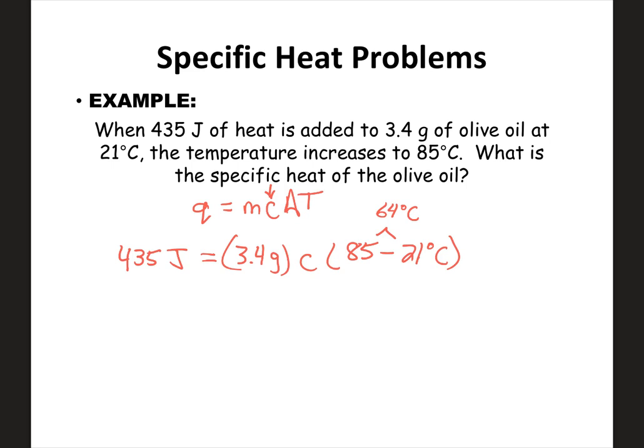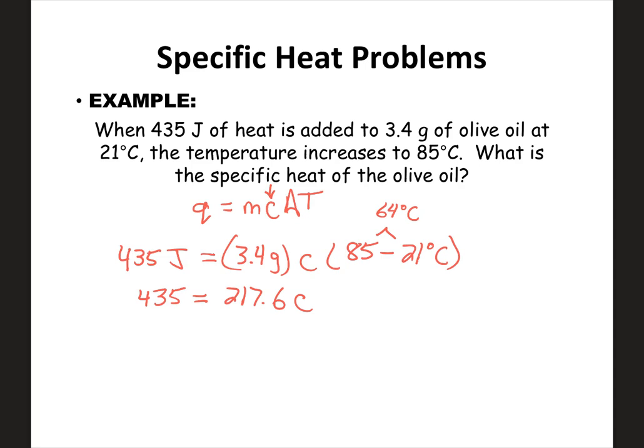You can drop off your units here as long as you pay attention to your final answer having the units it should have. Make sure you're plugging in the correct units here for the problem. Mass is typically grams, specific heat is typically joules, temperature is typically degrees Celsius, and so on. So when you take the 64 times the 3.4, I have the 435 equal to now the 217.6 times C.